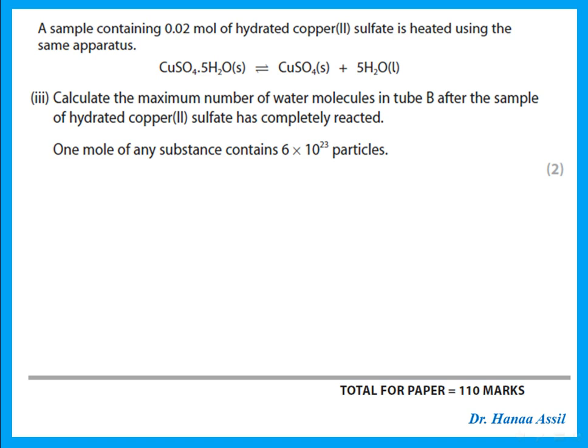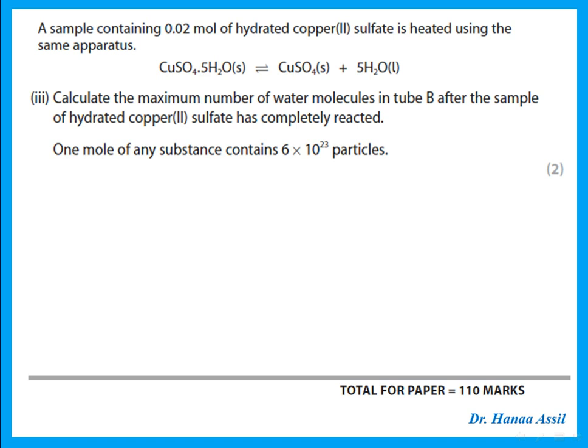Last question, a sample containing 0.02 mole of hydrated copper sulfate is heated using the same apparatus. Calculate the maximum number of water molecules in tube B after the sample of hydrated copper sulfate has completely reacted. So he wants the number of what? The number of molecules of water.